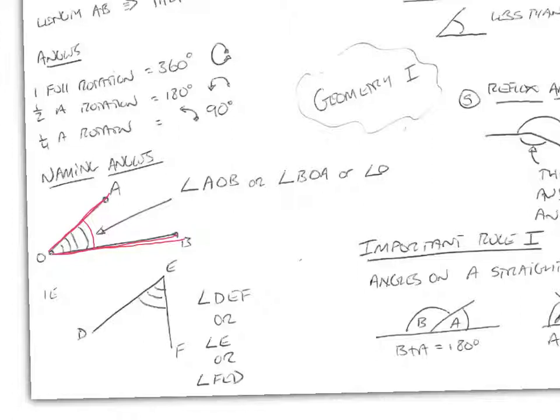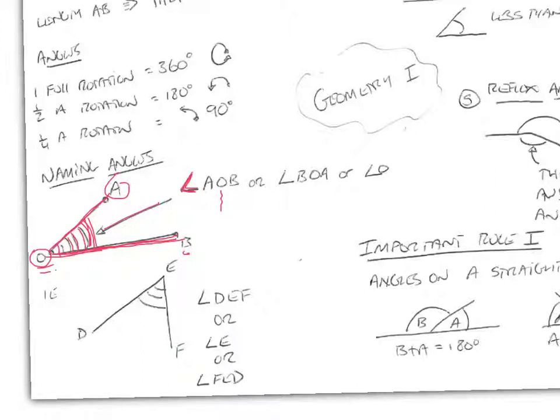The first way is to refer to the vertex of the angle, where the 2 lines meet, in the middle of our name convention. We use this angle symbol here, and we say that this angle is the angle AOB. So we know that the angle is at position O.